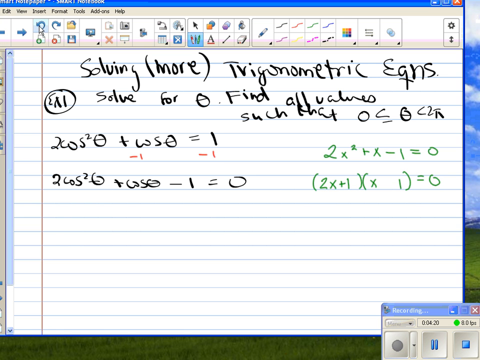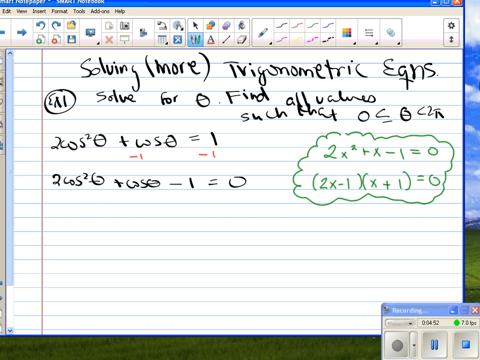So really what I want to do is put the negative here. That's how this would factor, and you can double check by foiling it in your head real quick. That's a little thought bubble. And by the way, slide and divide would have been fine if you're more comfortable with that. Now, our equation is basically the same idea, except instead of x, I have cosine.